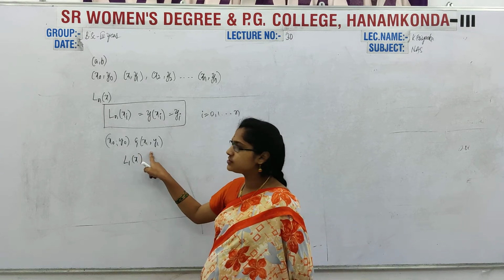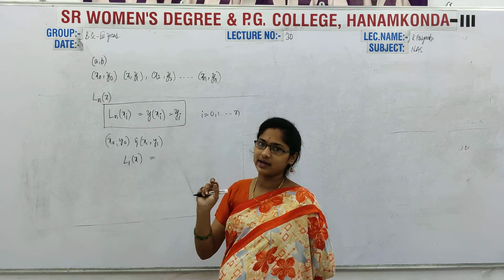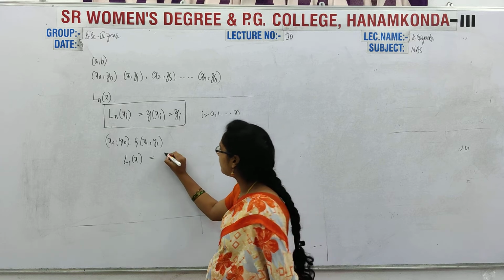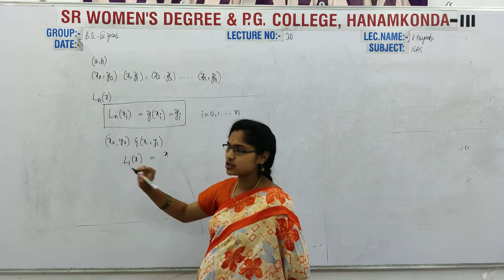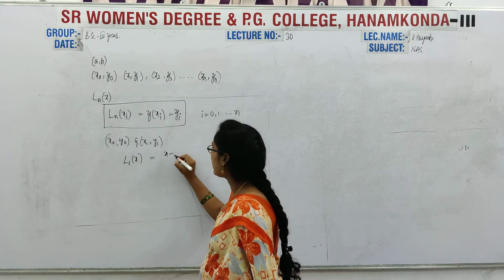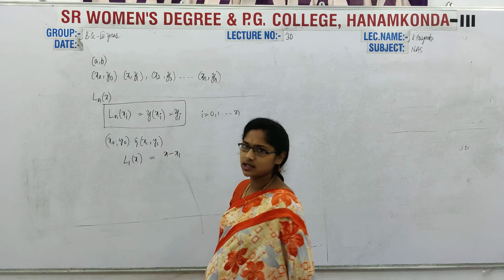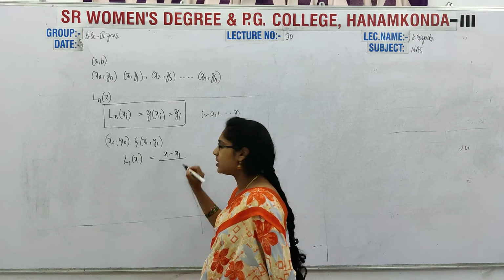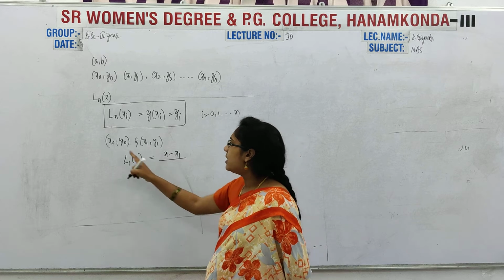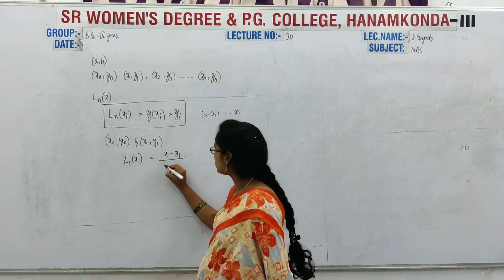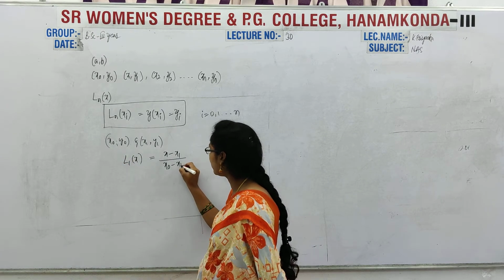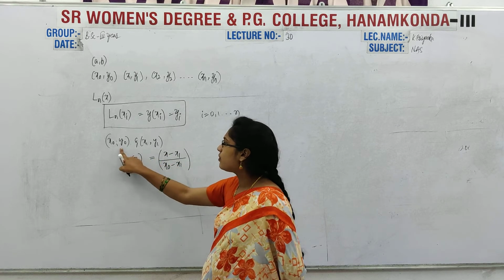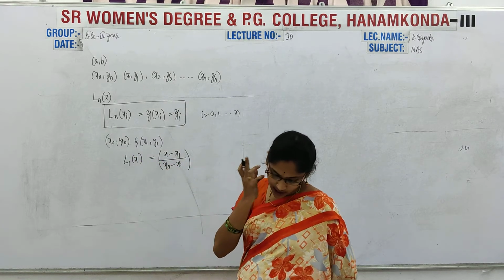So here how many points we have? 2 points, x naught, y naught. So first of all here we have to ignore x naught. That means in the numerator you have to take only x minus x1, as we already discussed in the previous topic. Now what we ignored? x naught. So now in the denominator x naught minus x1, into the first value, that is nothing but y naught.